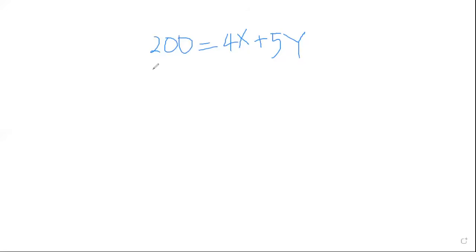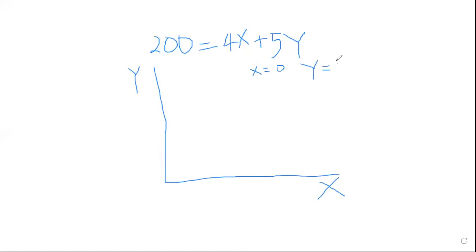All you do is you have your Y and X quadrant. You start: if X is 0, Y should be equal to 40.